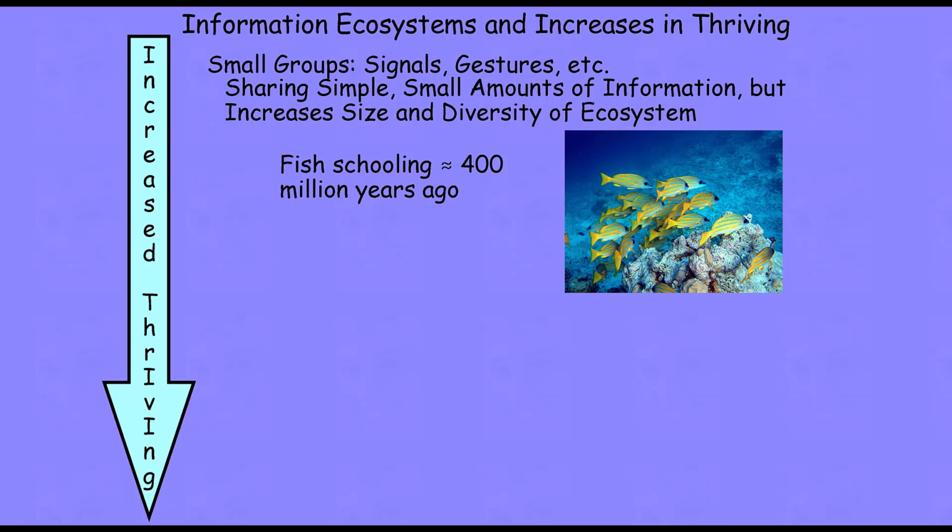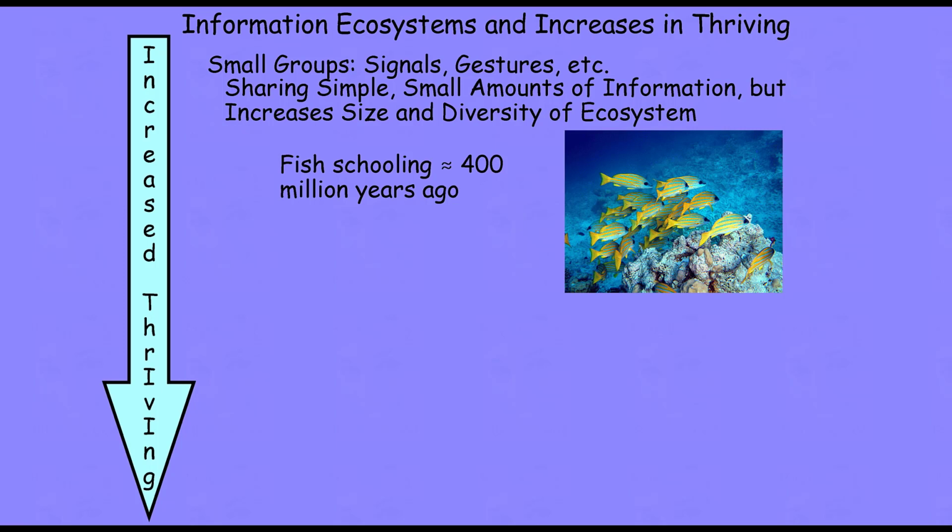And this allows an organism now to have a much larger informational environment. It increases the size of it significantly, because now where you're looking isn't the only place where you're gathering information, because where the other members of your group are looking, you can also gather information and communicate that information to each other.